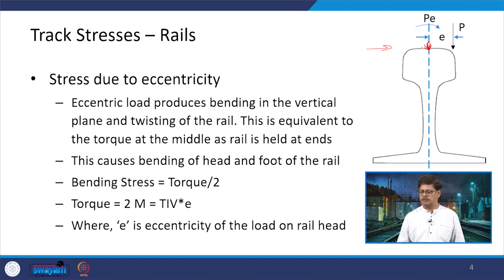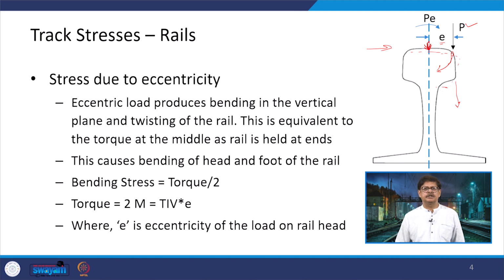That is, this is the central vertical axis of the rail, but the load is at a distance e from the center, and that is where the eccentricity is coming, and that is where this particular load is going to make an impact in terms of not only the condition of the moment, but it will also try to take this down, and therefore some twisting can happen in terms of the rail section going down in this way. So, this is the problem which we are trying to talk about here.